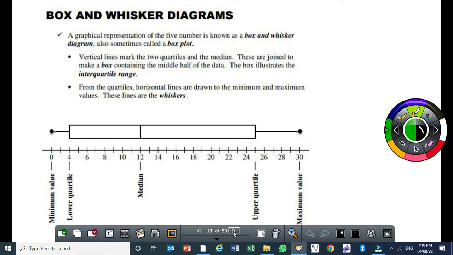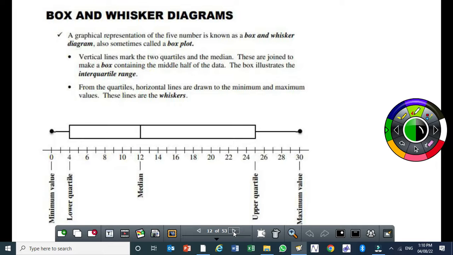Now let's talk about the box and whisker. It is a graph, or let's call it a diagram. A box and whisker diagram is a diagram that you can use to determine the symmetry of the data set, that is, how spread the data set is usually from the mean.